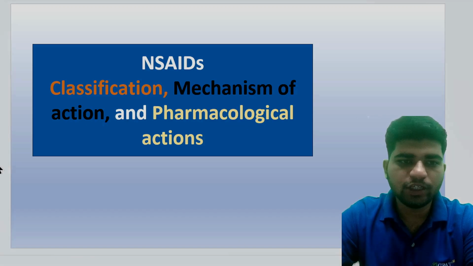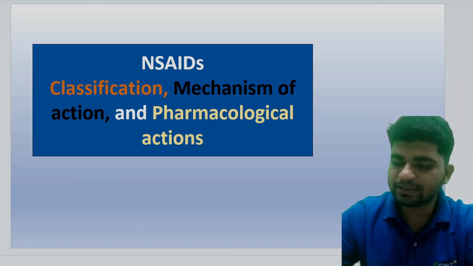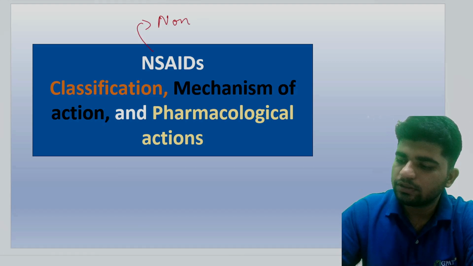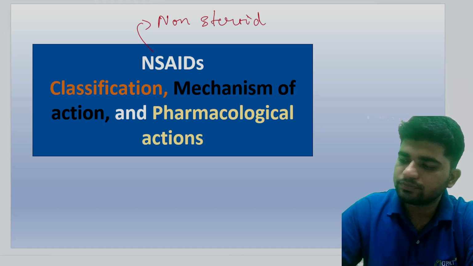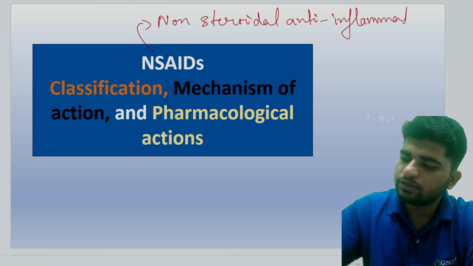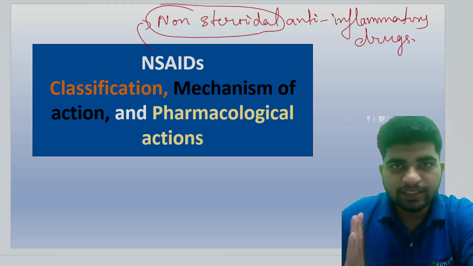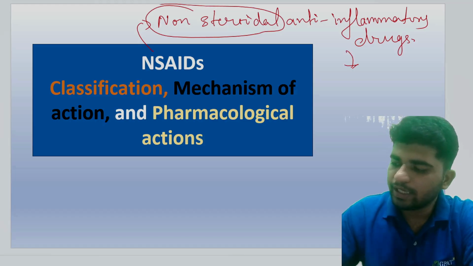First of all, we need to understand what NSAIDs are. The full form of NSAIDs is non-steroidal anti-inflammatory drugs, which are of non-steroidal nature and are basically used for analgesic activity.